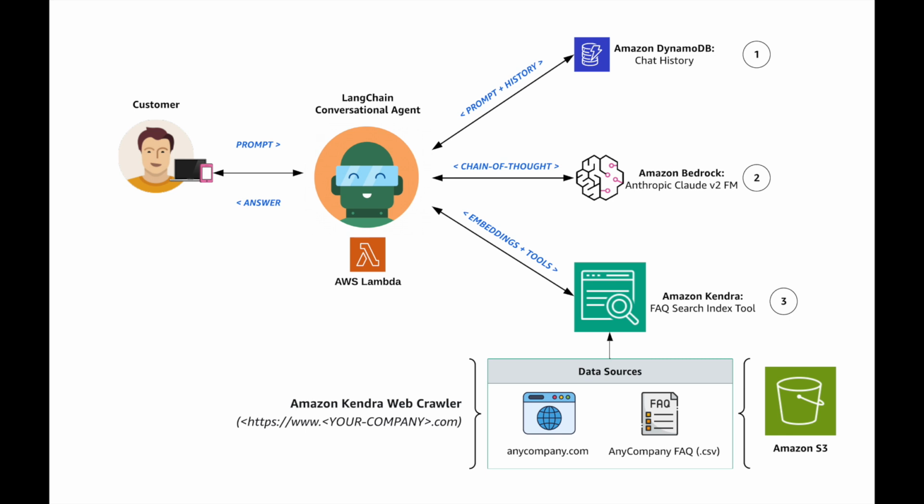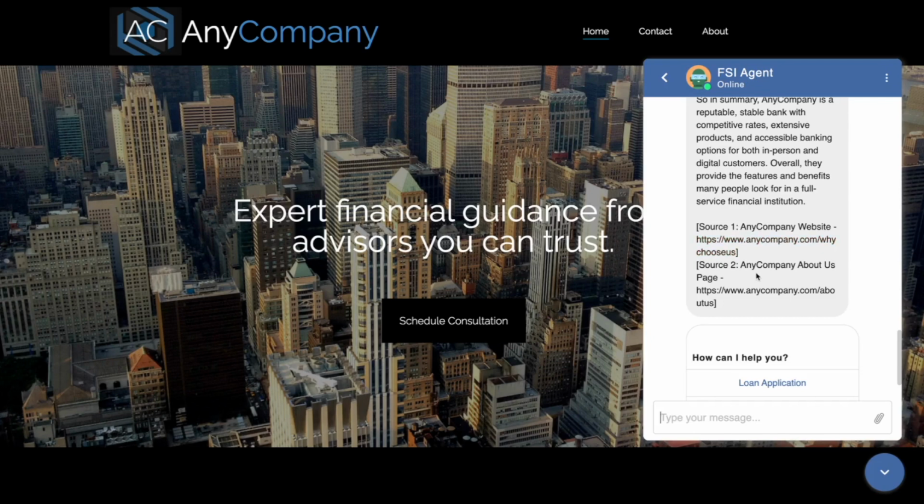One of the challenges with foundation models is that they're not always trained with the most up-to-date or contextually relevant information. So we can provide data augmentation through private data sources by using RAG, in our case, implemented through an Amazon Kendra index. Source attribution occurs through RAG, so we can see the source URLs configured through the Kendra web crawler and indexed using Kendra.